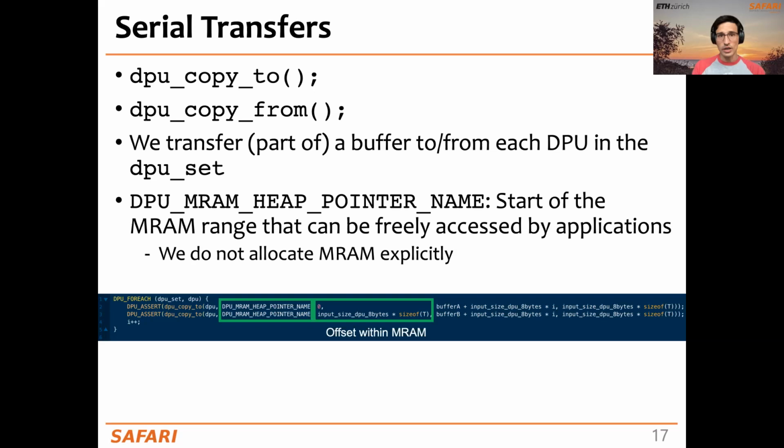Also observe in the syntax that we have to indicate the offset within MRAM, starting from this MRAM heap pointer, the pointer to the buffers in main memory that we are going to transfer from main memory to the PIM-enabled memory, and the size of these transfers. So this is for the serial transfers. Remember that in the serial transfers, we are targeting a single DPU every time, as you see here.